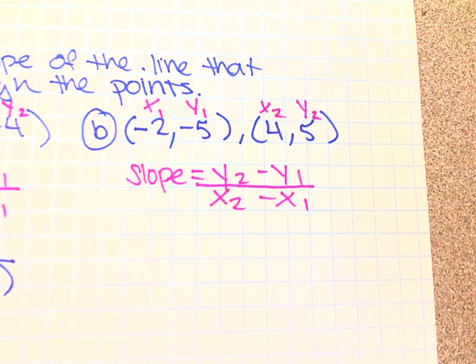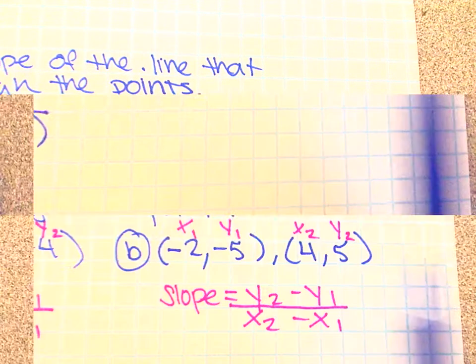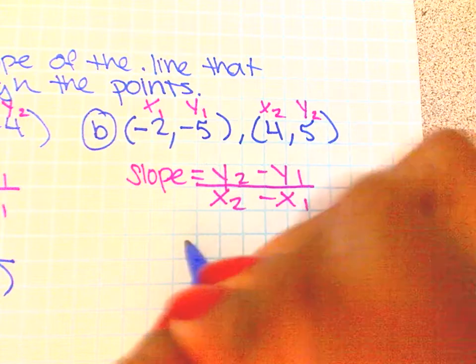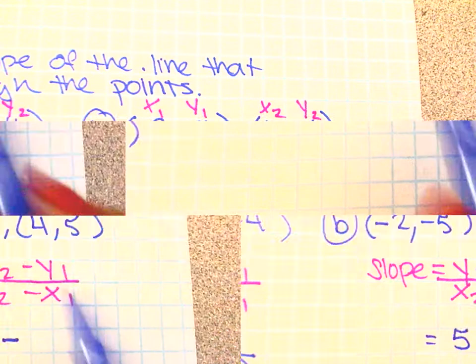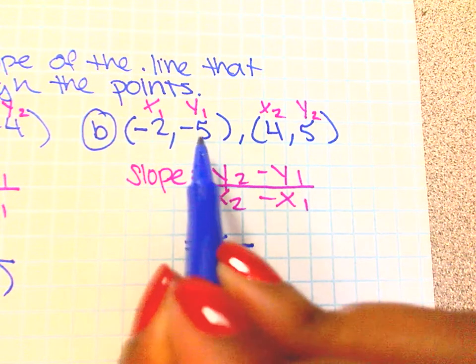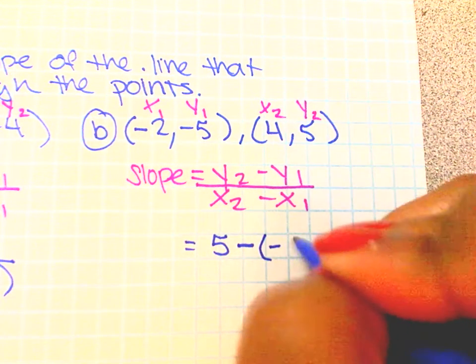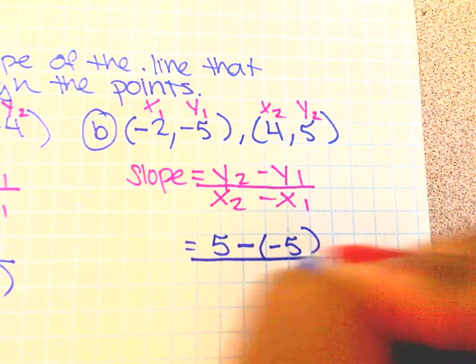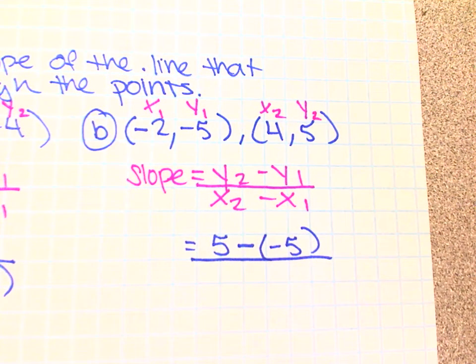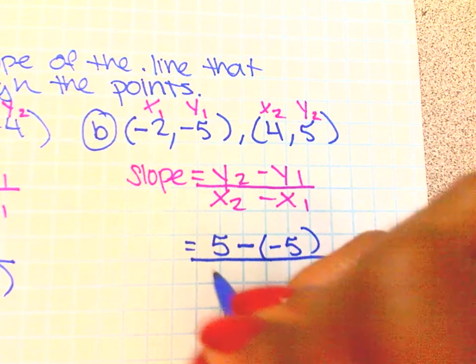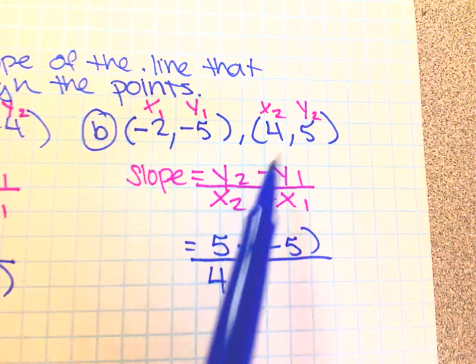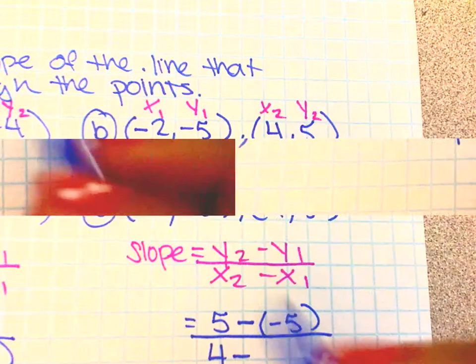That way I can visually see what I need to do. Alright, so plug the numbers in. y2 is 5 minus y1, -5, over x2, 4 minus x1, -2.